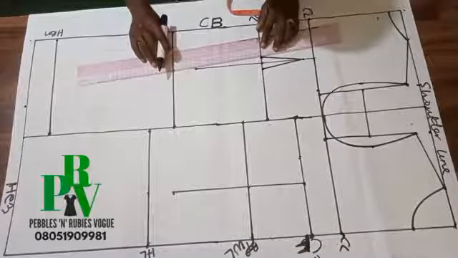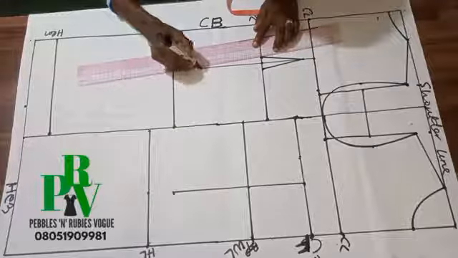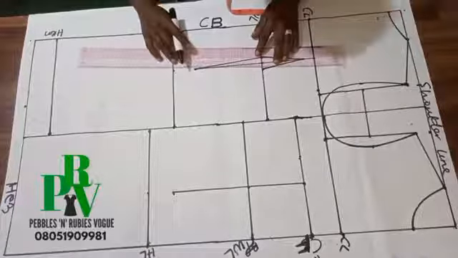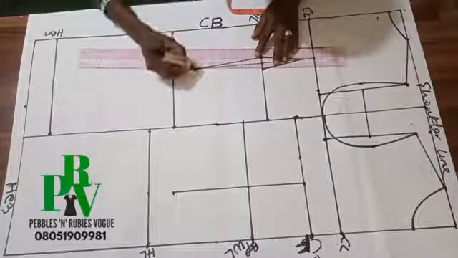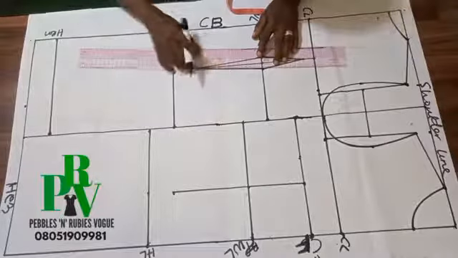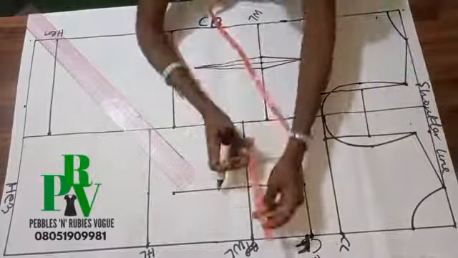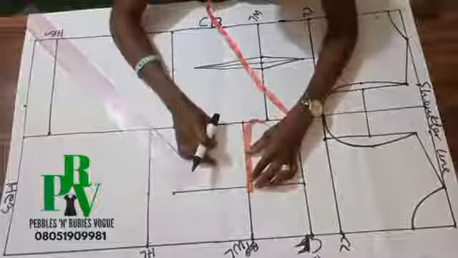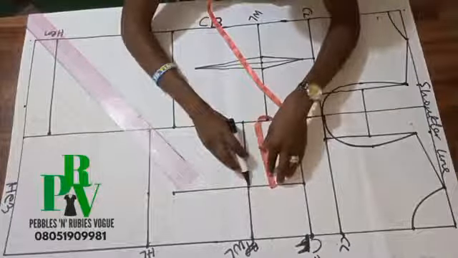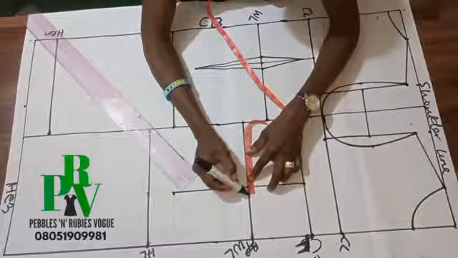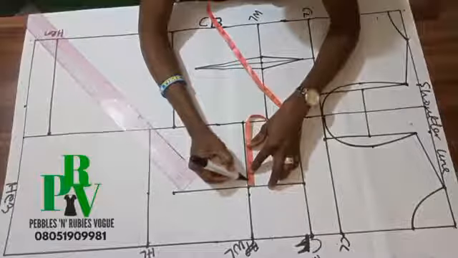Okay, I'm connecting my dart now. And then we'll move to the front block and do the same. 0.5 inch on the waistline. This is our waistline. 0.5 here and 0.5 here.